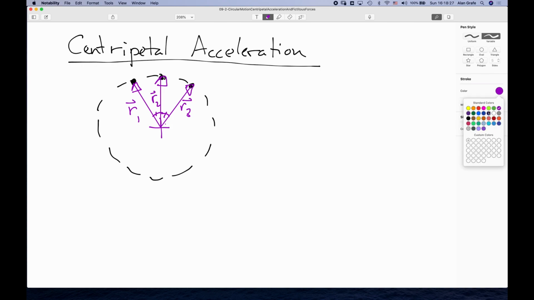Okay. And we can also similarly work out our displacement. So I'll call this displacement here, oops, that's not well drawn. Let's try that again. There, something like that. So this displacement here, we'll call delta R1.